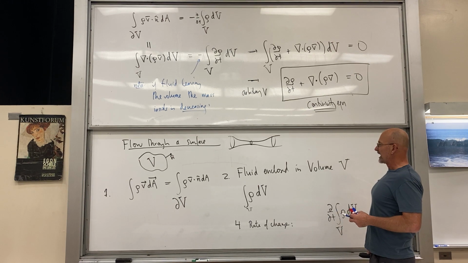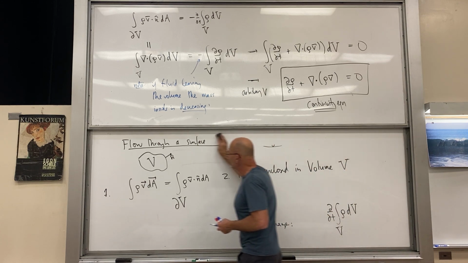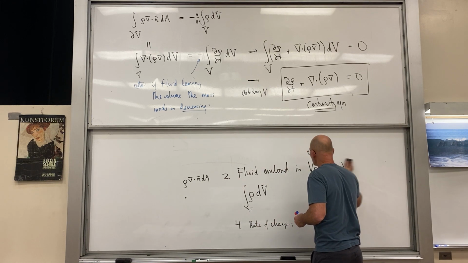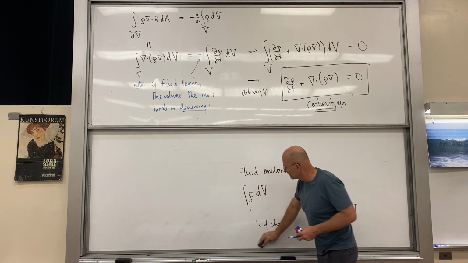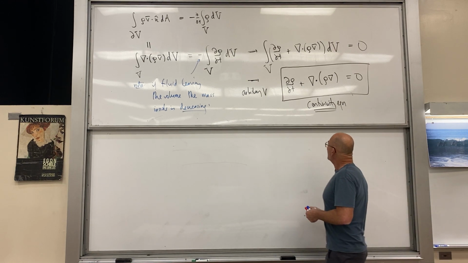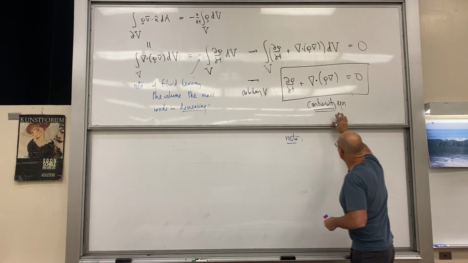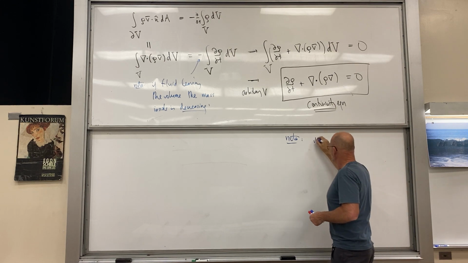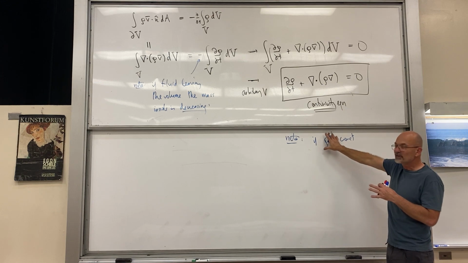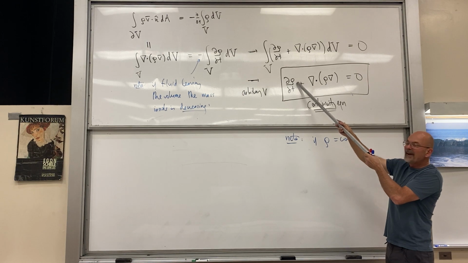So now let's look at the continuity equation a little more. This is pretty much just one step, just a note under the continuity equation. If rho is constant, so if you have an incompressible fluid, then this derivative vanishes.